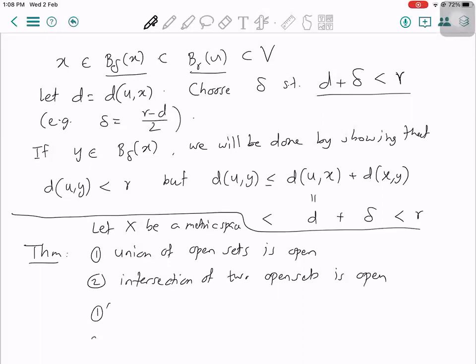Then there are analogs of this, just for emphasis, for arbitrary closed sets.